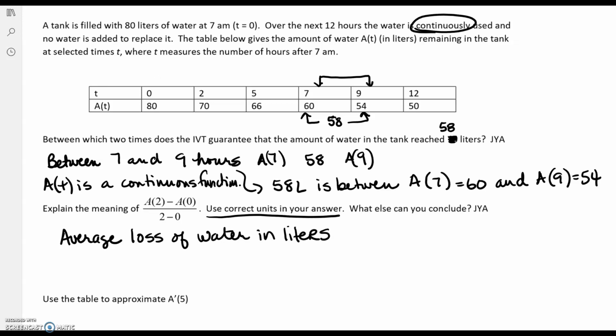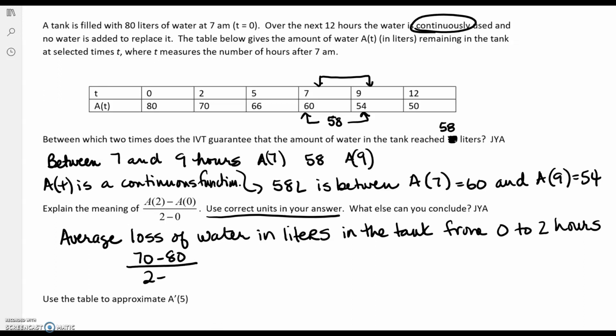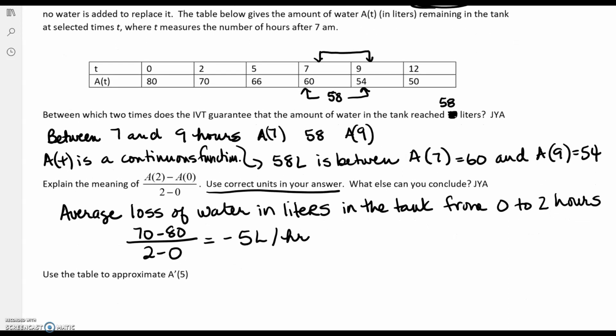The average loss of water in liters in the tank from 0 to 2 hours. If we actually compute that, that's 70 minus 80 over 2 minus 0, which would be -5 liters per hour. So we would call that an average loss of water over a unit of time.